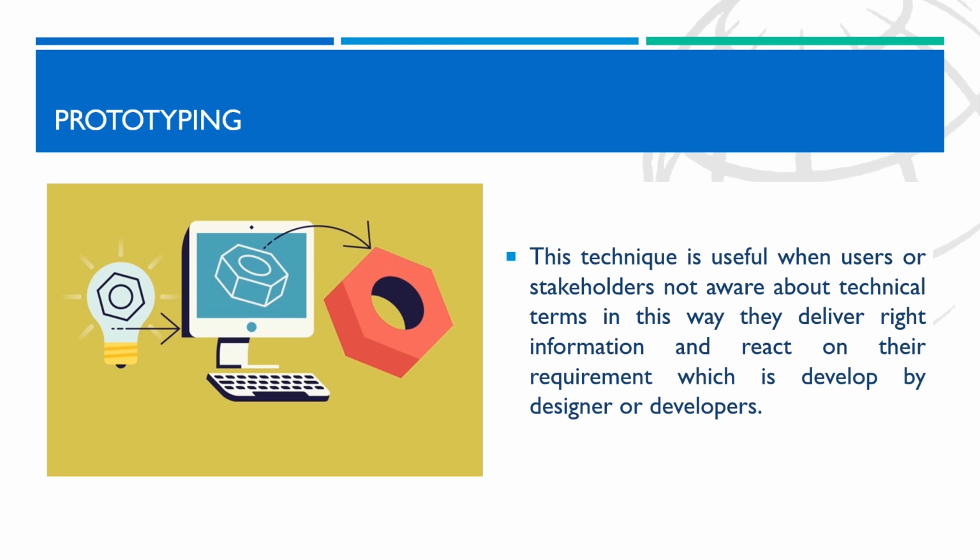Users provide relevant information and also provide feedback. This technique is useful when users or stakeholders are not aware of technical terms. In this way, they deliver the right information and react to the requirements developed by the designer or developer.